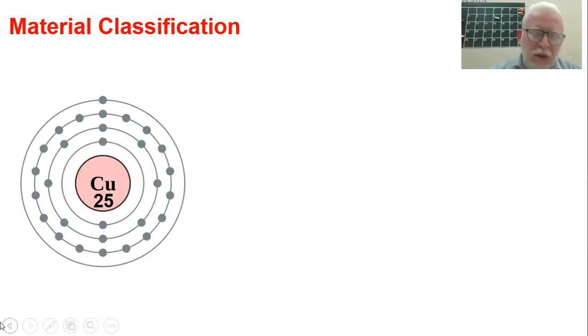So, for example, if we consider this single atom of copper, you can see that it includes different orbits, and each orbit contains a number of electrons, of course. Basically, the higher the energy level, I mean the greater the distance between the electron and the nucleus, the weaker the attraction force.